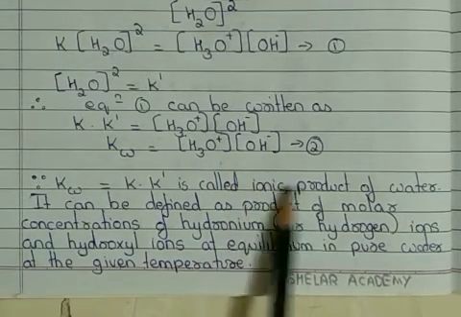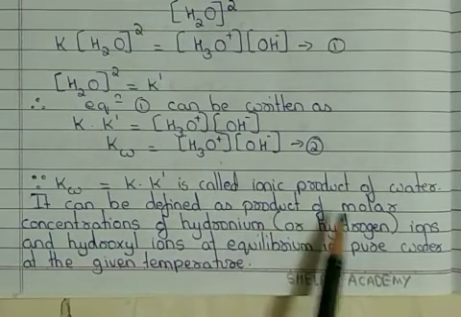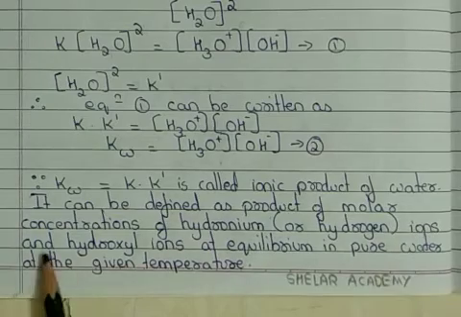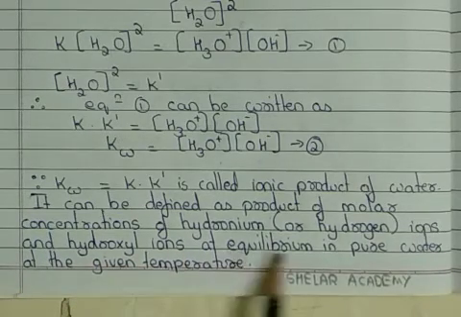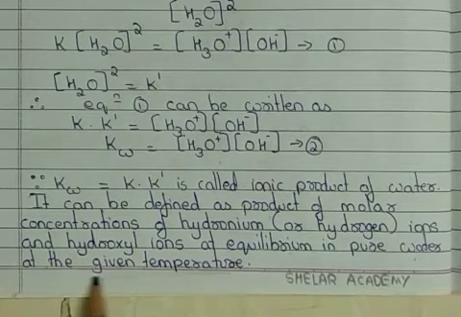So the ionic product of water can be defined as the product of molar concentrations of hydronium ions and hydroxyl ions at equilibrium in pure water at a given temperature.